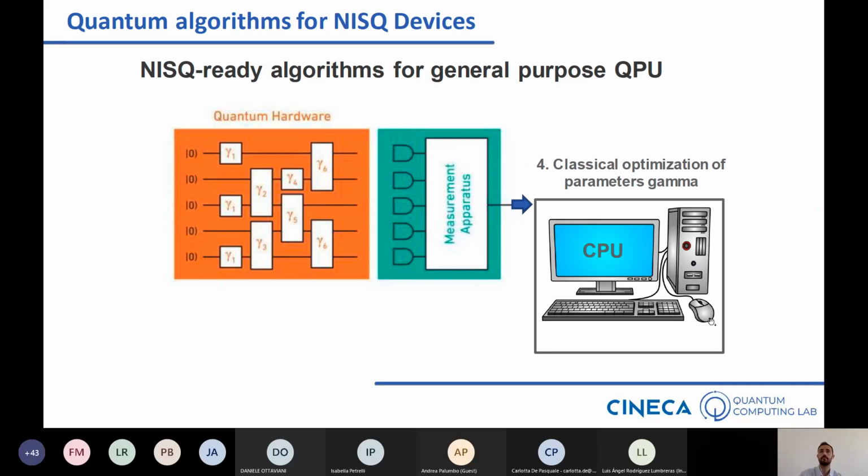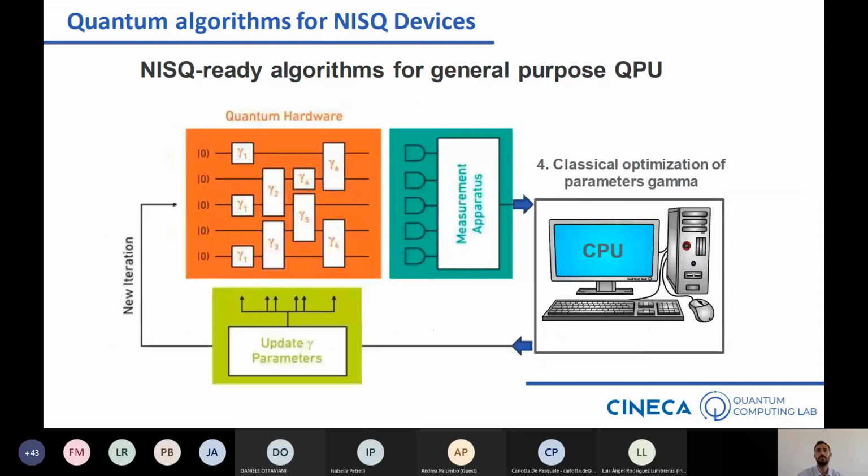The quantum computer is only something that you use. The working principle of everything is very similar to what people do with neural networks. You substitute the concept of neural network with a quantum device, which has some structure. You run your quantum device with some parameters, so it is a function of your parameters, and you see the output, and then you optimize the parameters.